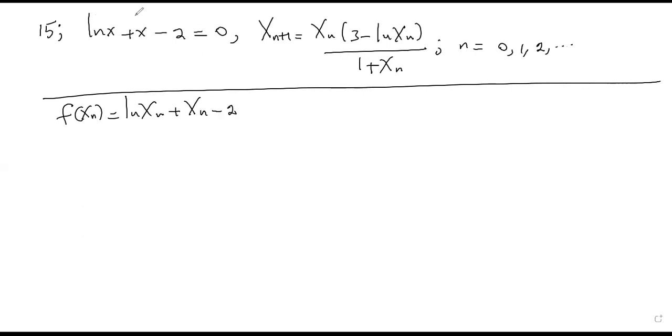This is my function. Then I find its derivative. When you differentiate ln x_n, we get 1 over x_n, plus 1. Now, after having gotten this, you can take the LCM, and it becomes 1 plus x_n over x_n. Are we right?